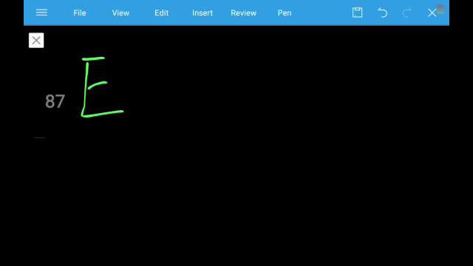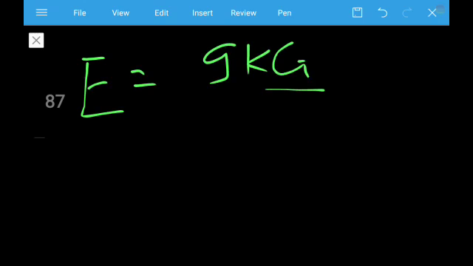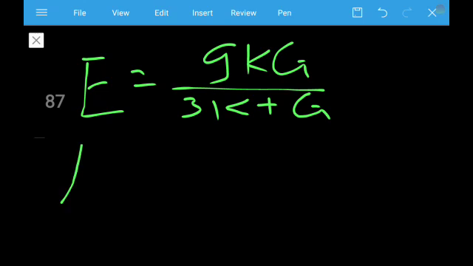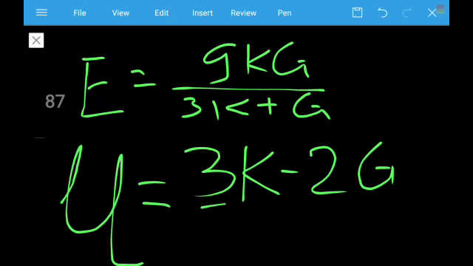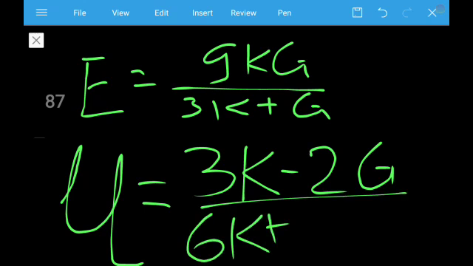Next, E is 9KG upon (3K plus G), and mu is (3K minus 2G) upon (6K plus 2G).